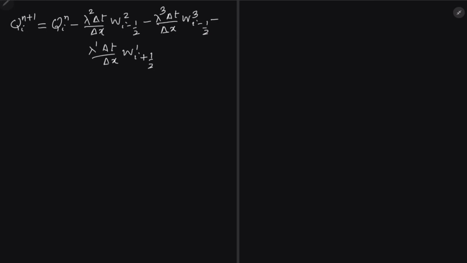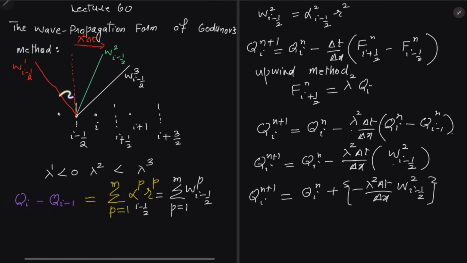In this formula we accommodated all the waves that are coming from left and also from right. At i minus 1/2, there are 2 waves which have a positive slope, so they are moving from left to right.